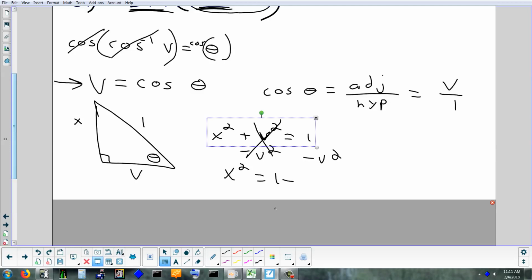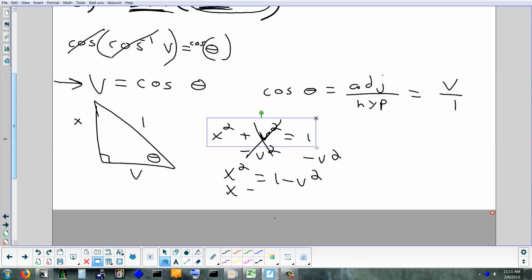So x squared is 1 minus v squared, but I want x. So how would I get x instead of x squared? Take the square root of both sides. So there is your formula for x. So the opposite side is the square root of 1 minus v squared.